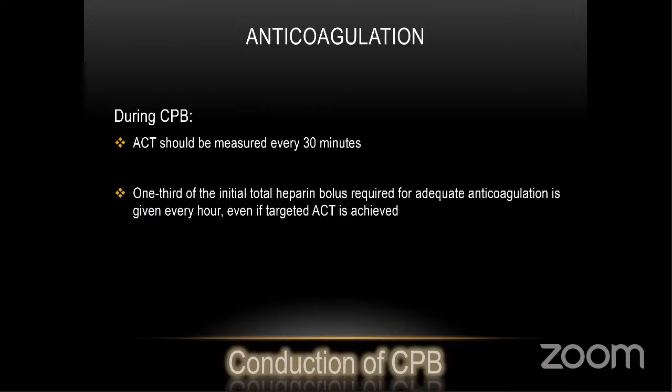So after starting and during cardiopulmonary bypass, the ACT should be measured every 30 minutes, and usually one third of the initial total heparin bolus required for adequate anticoagulation is given every 1 hour, even if the targeted ACT is achieved.